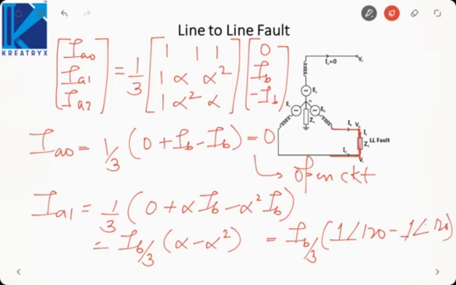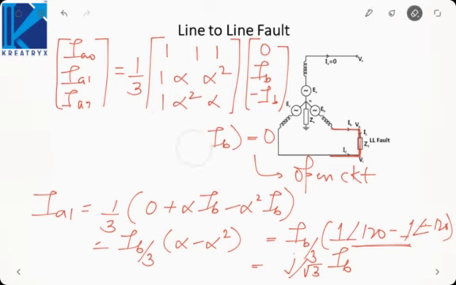The resultant of these two, when two equal phasors are oriented at 120 degrees with respect to each other, comes out from the phasor to be j root 3. So it becomes j by root 3 into IB. So this is my IA1.